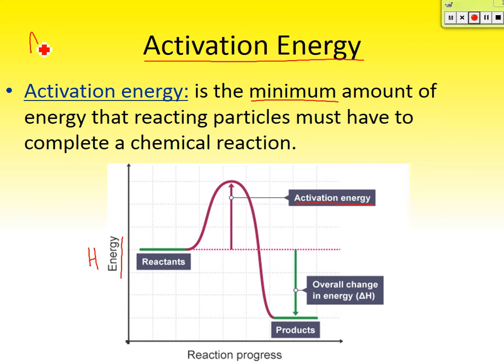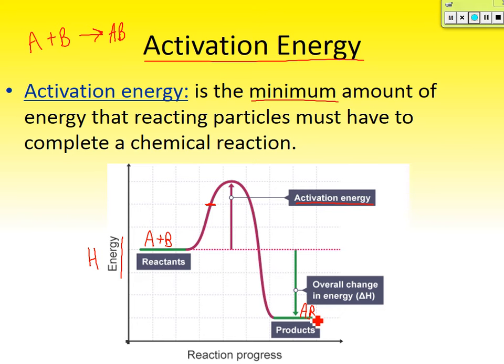So let's say we have A and B again, and they're going to make the product AB. Our reactants are A plus B, our products are AB. If these two were to hit each other with, say, this much energy, would there be a chemical reaction? Would it be able to make the product AB?